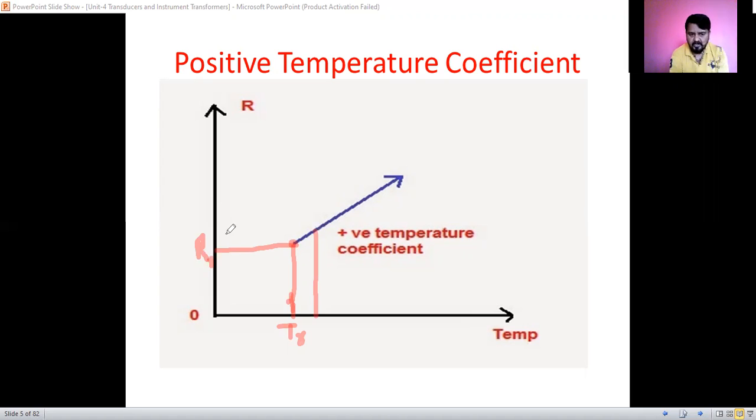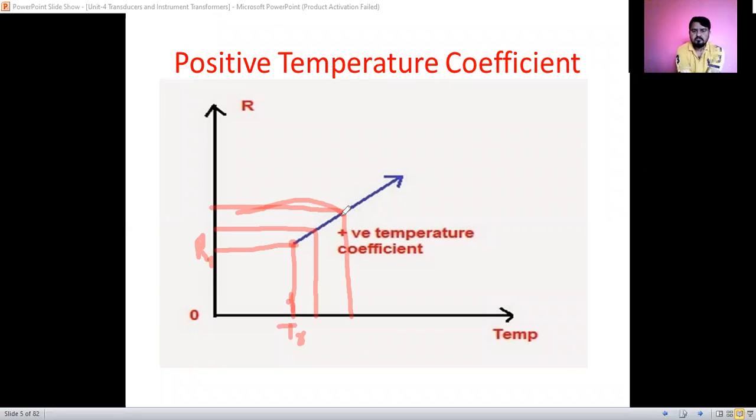You check here. At this point, is the resistance increased or decreased? Increased. Again I will increase the temperature some more. Next, what will happen to the resistance? Increasing. So as the temperature increases, the resistance of that material or conductor also increases.